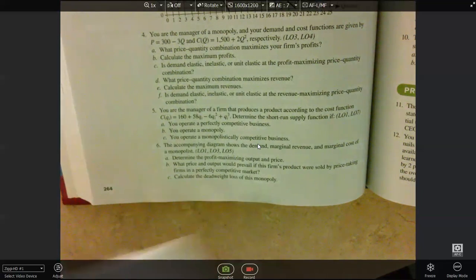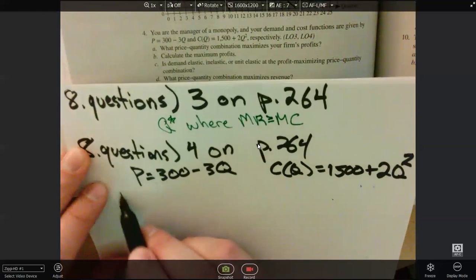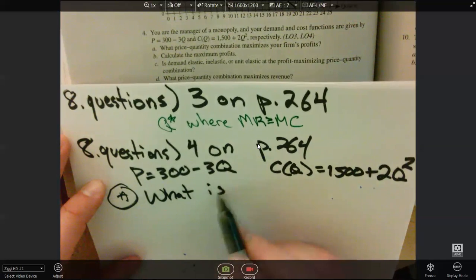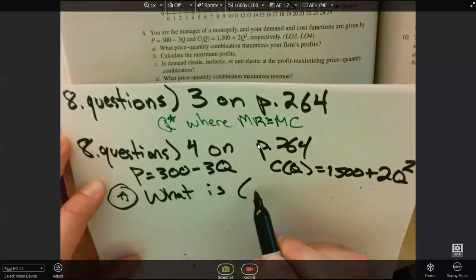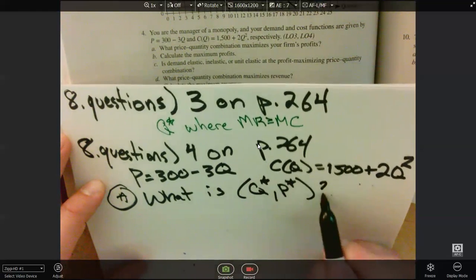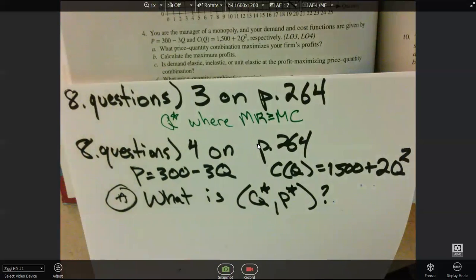We are asked, first one, what price quantity combination is Q star, P star? That's essentially what I'm saying. So how do we find Q star and P star? It's different from the perfectly competitive and monopolistic competition situation.